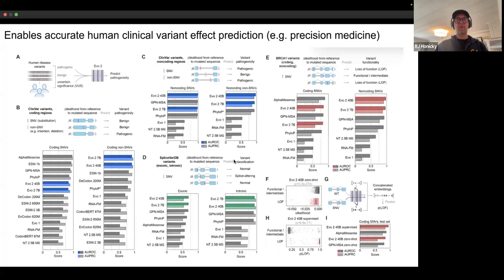Okay, and then this is more of the same kind of thing, but it enables human clinical variant effect prediction. Basically similar stuff, but with human clinical effects, right?